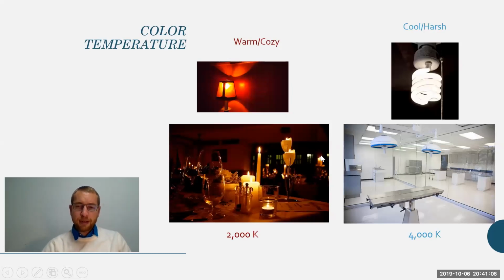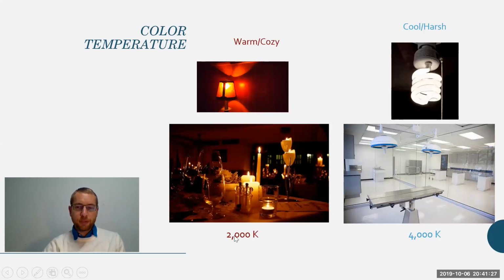And this is, I think, kind of best described between, say, like a cozy cafe. So on the left, we've got, say, a light bulb or a filament that is a 2000 Kelvin temperature. So that's how we would describe this kind of very warm, cozy light.